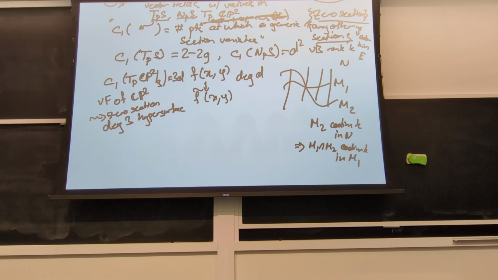You can show that this is true. This is through something called the Euler sequence. I'm just naming some words here in case you want to Google it. I'm not going to explain this too much. But this is the Chern class of CP2, or the tangent bundle to CP2. If you want to restrict this to S, then this is the intersection of S with a degree 3 hypersurface.